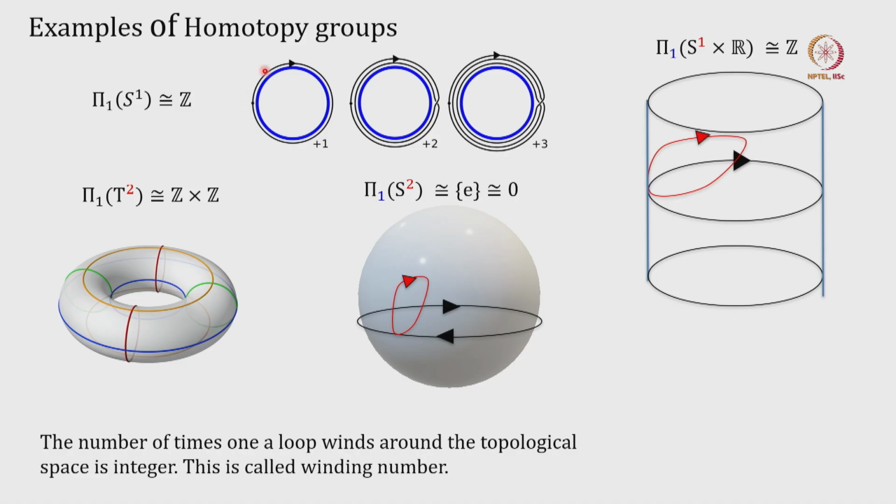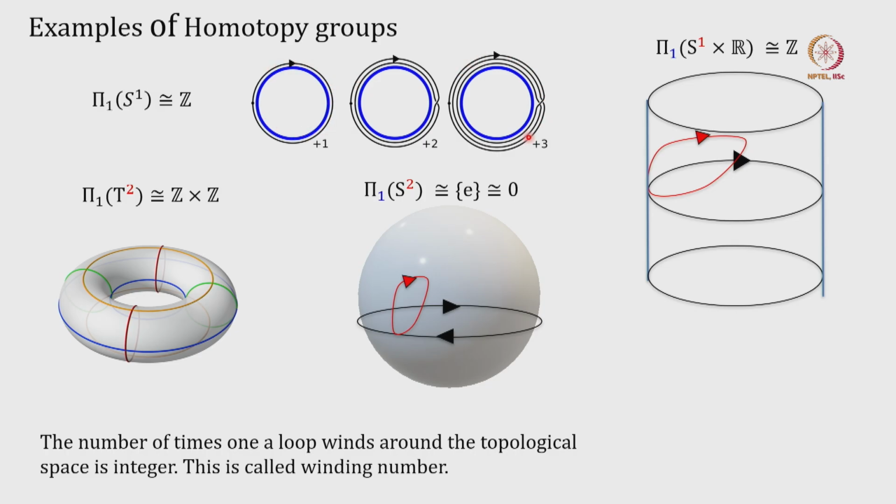So, you can have these sorts of loops. One is going around like this, which is the same as shrinking to a point, and then I can have one more loop which winds once, and if I wind twice, that cannot be smoothly deformed into going around once. So, going around twice is different from going around once, and so on.